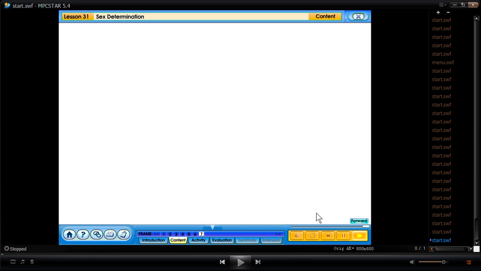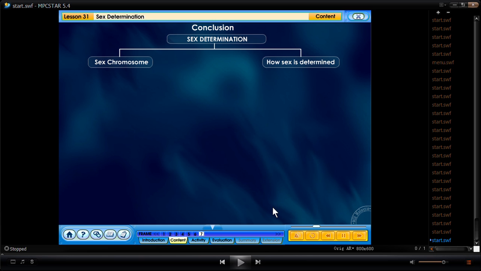Click the respective button to know more about this. Sex chromosome. How sex is determined. Carry genetic information that determines the sex of an individual.